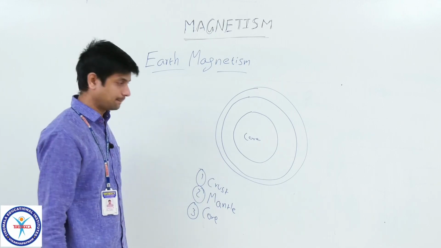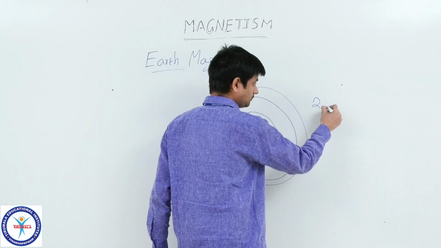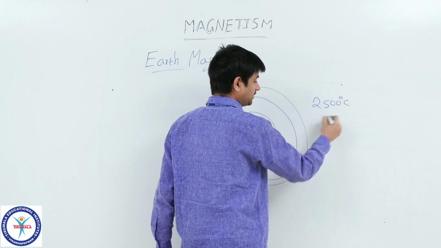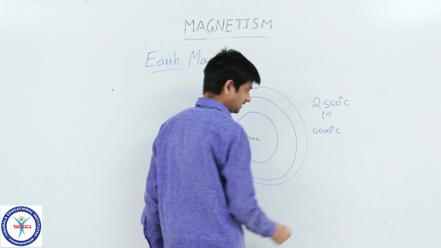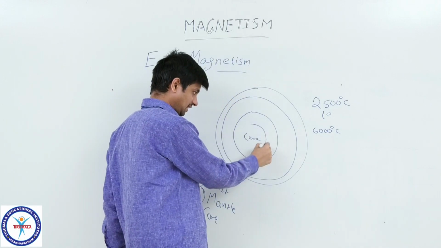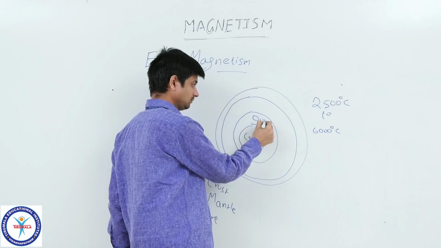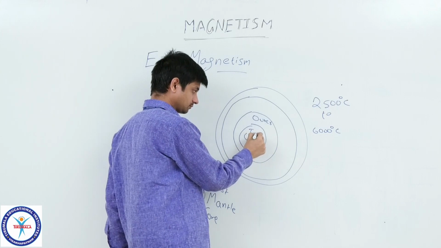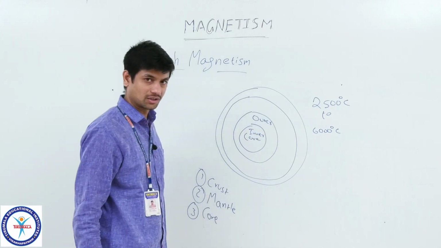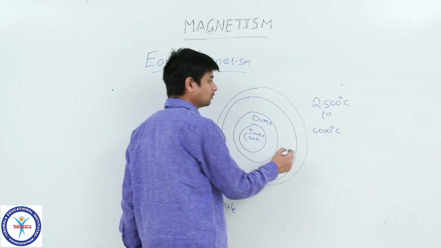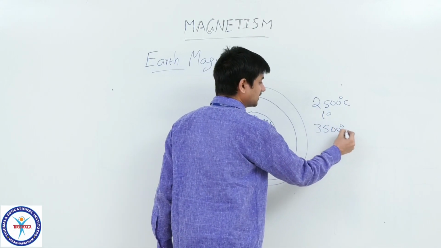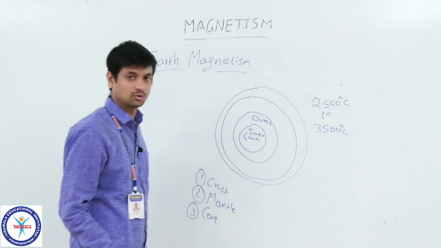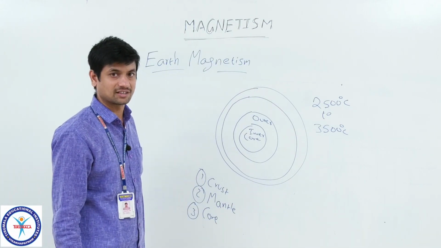At that core the temperature would be 2500 to 6000 degrees Celsius, and again this core has been classified as outer core and inner core. In this outer core the temperature is 2500 to 3500 degrees Celsius.